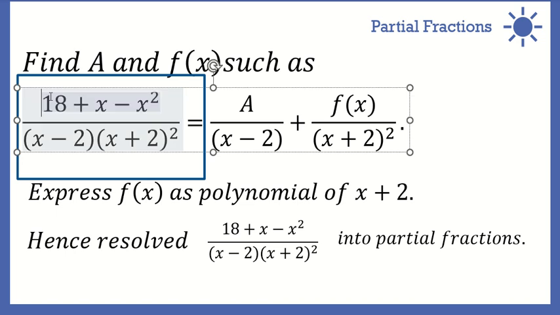The area which I highlighted, this rational expression, should be broken into partial fractions. So it is A over x minus 2 plus f(x) over x plus 2 squared. This is not like a normal partial fraction. Anyway, they asked to find A and f(x).